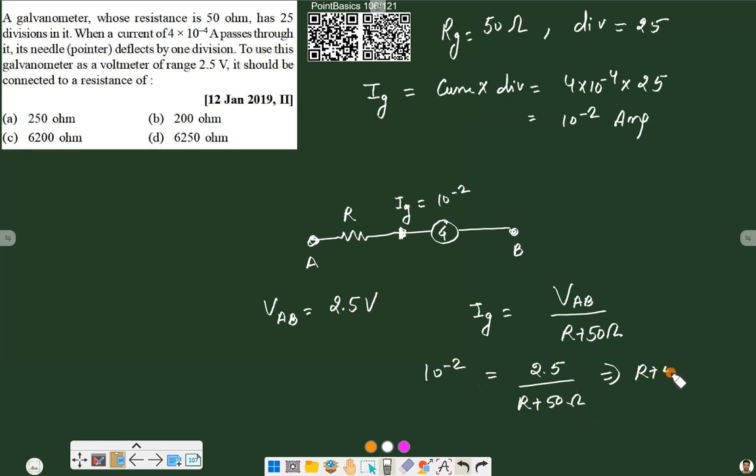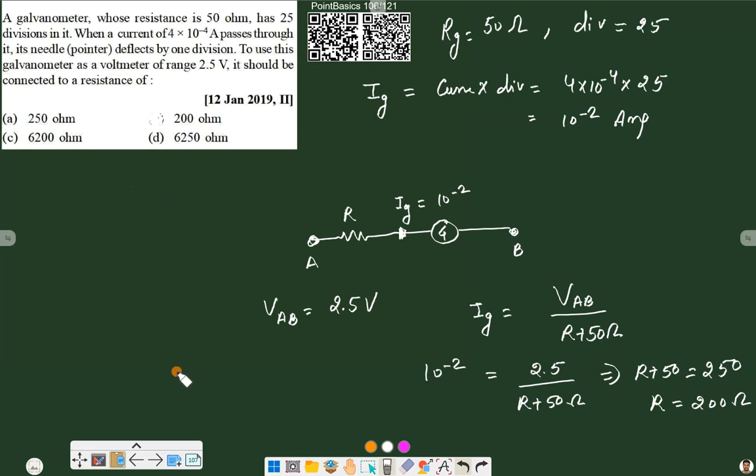Crossing these, we get R plus 50 equal to 2.5 by 10 raised to power minus 2, or 2.5 into 10 raised to power 2, that will be 250. So R comes out to be 200 ohms here. So option B will be the right answer.